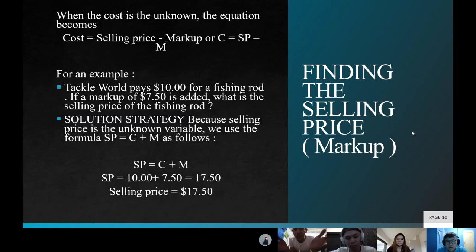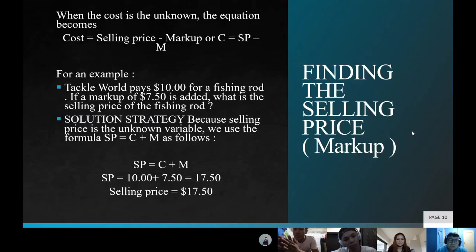I continue with finding the selling price and markup. When the cost is unknown, the equation becomes cost equals selling price minus markup, C equals SP minus M. For example, Tackle World pays $10 for a fishing rod. If a markup of $7.50 is added, what is the selling price of the fishing rod?